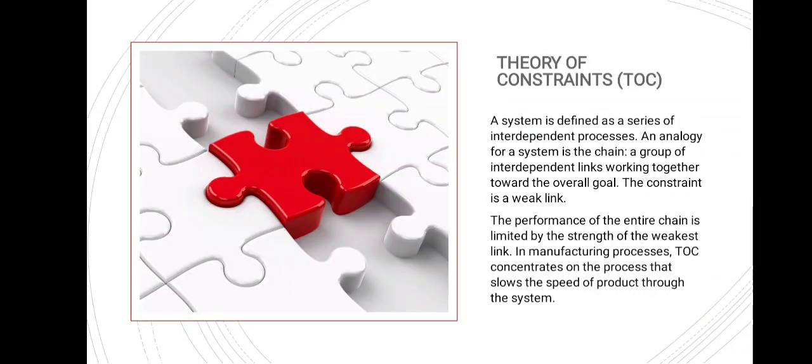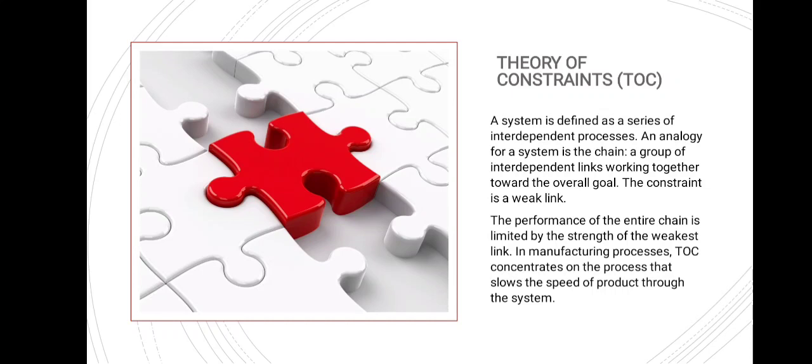Theory of Constraints, TOC. A system is defined as a series of interdependent processes. An analogy for a system is a chain, or a group of interdependent links working together toward the overall goal. The constraint is the weak link.